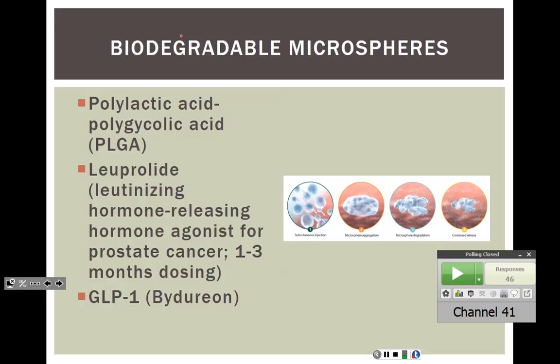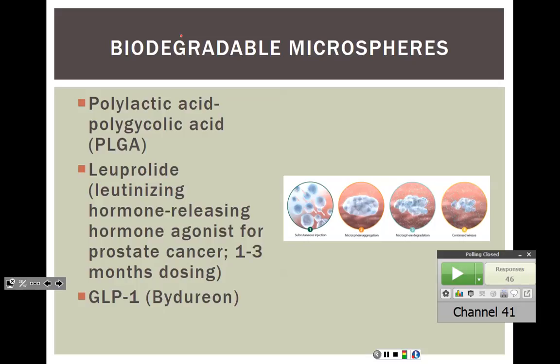These are three-dimensional microspheres, on the micron order of scale, and the drug is embedded within these microspheres. The idea is that after a single injection, the microsphere stays implanted within the muscle, and over time this PLGA wears away, and as it wears away, drug is released at a constant rate. Just like pegylation, this is a way of maintaining a certain dose for a long time with just a single injection.